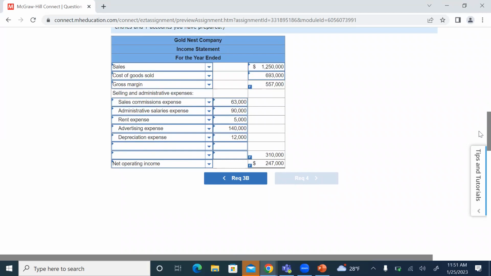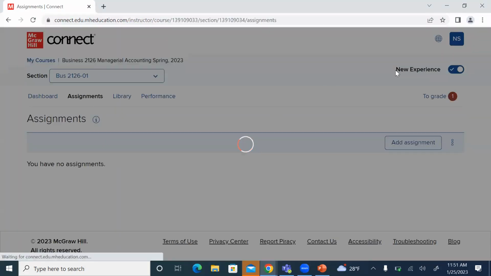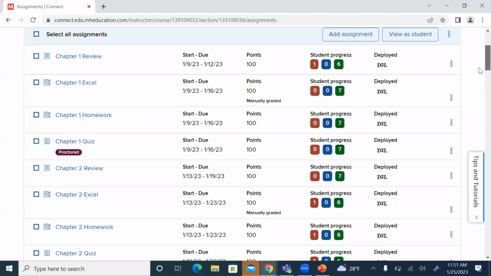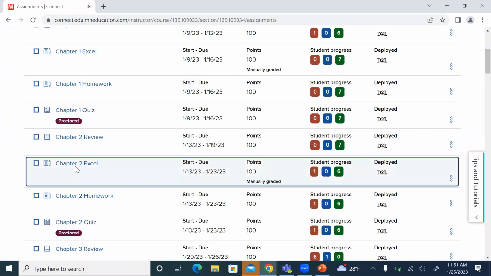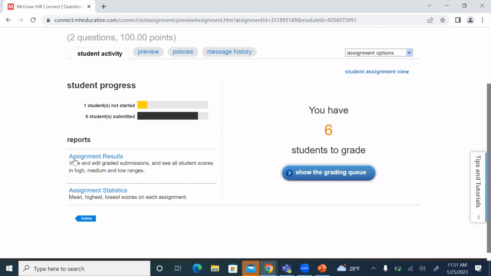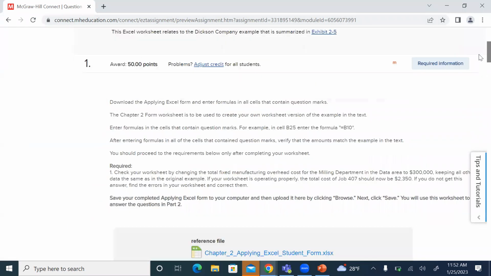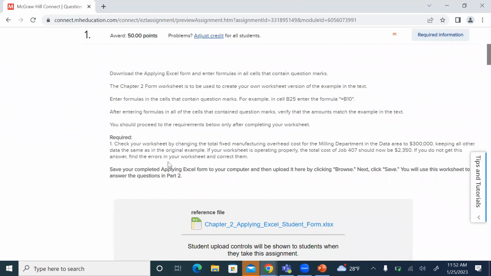Now, guys, the one thing I didn't go over, but I might add a lecture later, is the Excel. Some of you are forgetting to look at the homework or what you're required to do. So with the Excel, they usually have you work through creating some formulas, but don't forget the requirement.